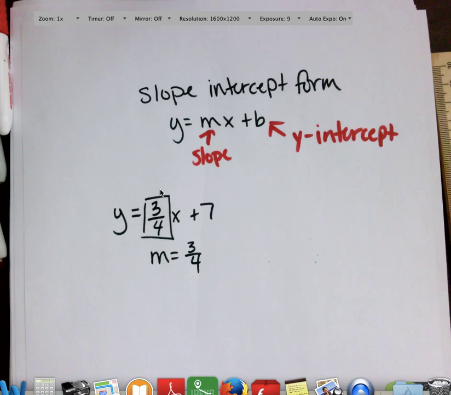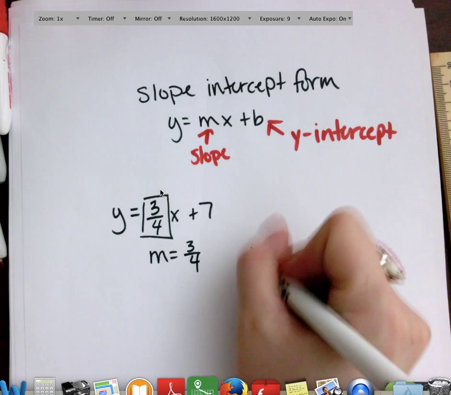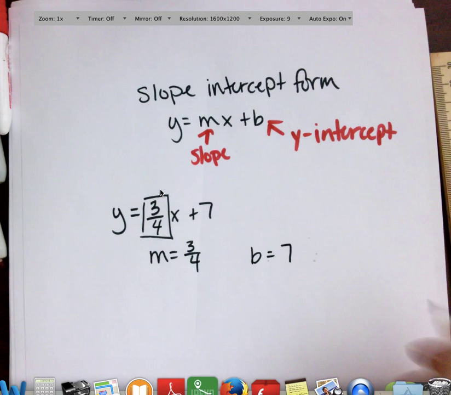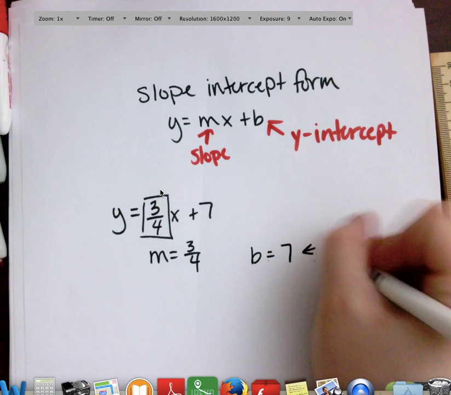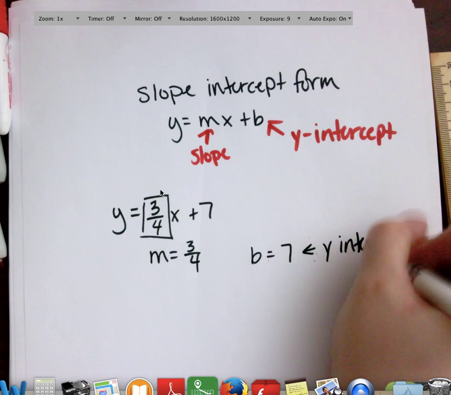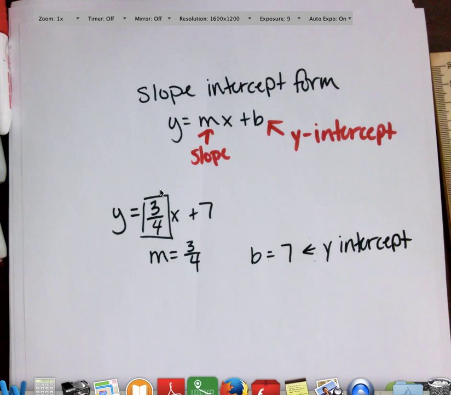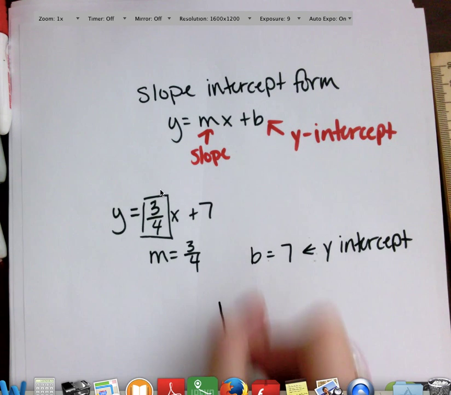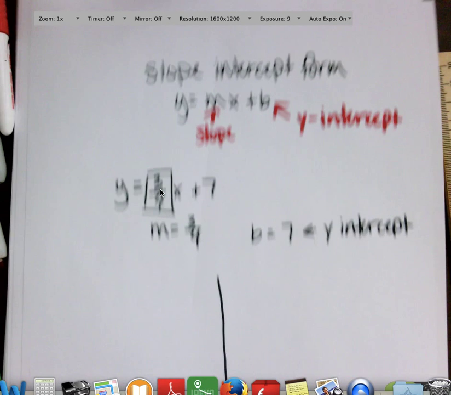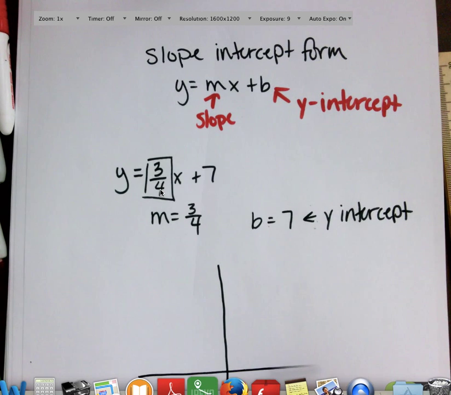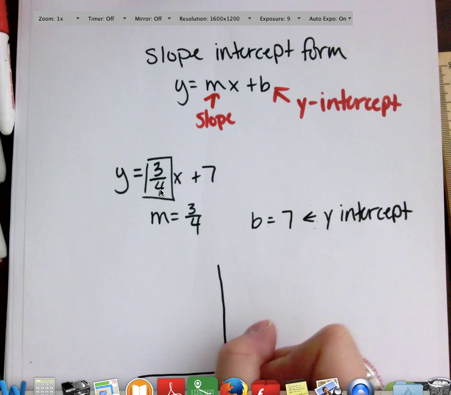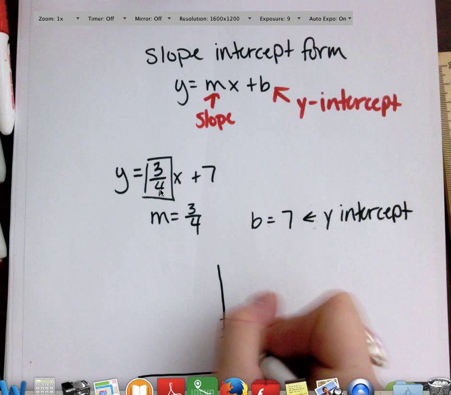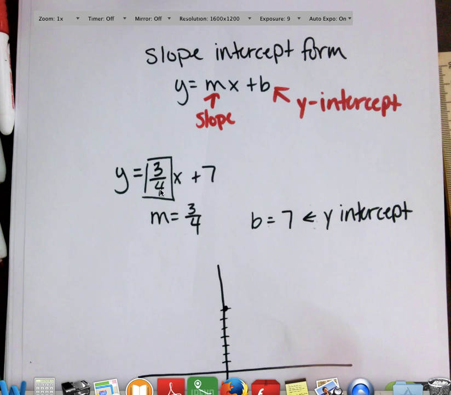My y-intercept here, that b value, is 7. So this is my y-intercept. And I could graph this. If I had a graph, I would need to start with my start value, or my y-intercept, and I go up 7, and I start there.